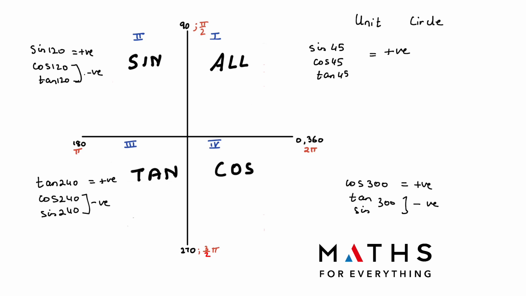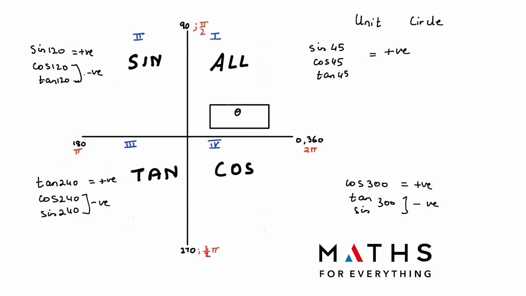Now we learn to find the angles. In the first quadrant, when you take sine inverse, cos inverse, or tan inverse, you get the answer between 0 and 90, which is your theta. In the second quadrant, the angles are between 90 and 180.